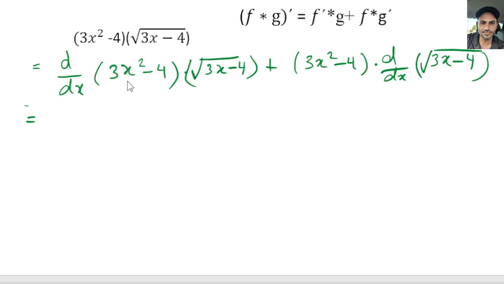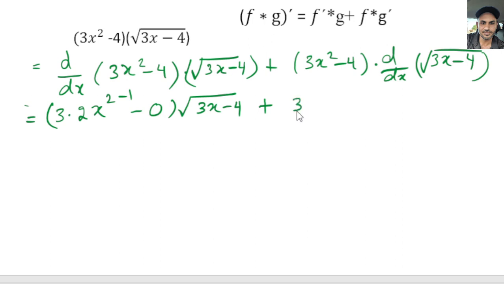So the derivative of 3x squared is going to be just 3 times 2x to the 2 minus 1. And the derivative of a constant is just 0. And then we have this multiplying with the square root of 3x minus 4. Plus, we have 3x squared minus 4.